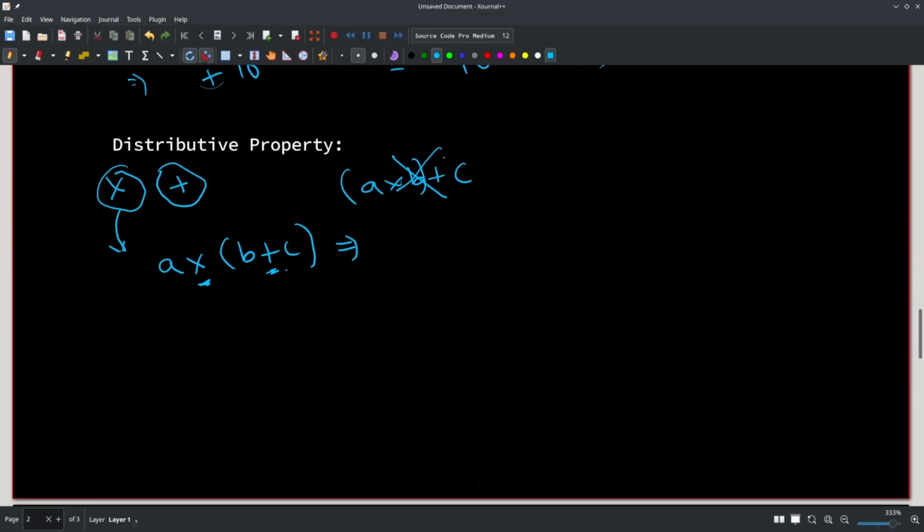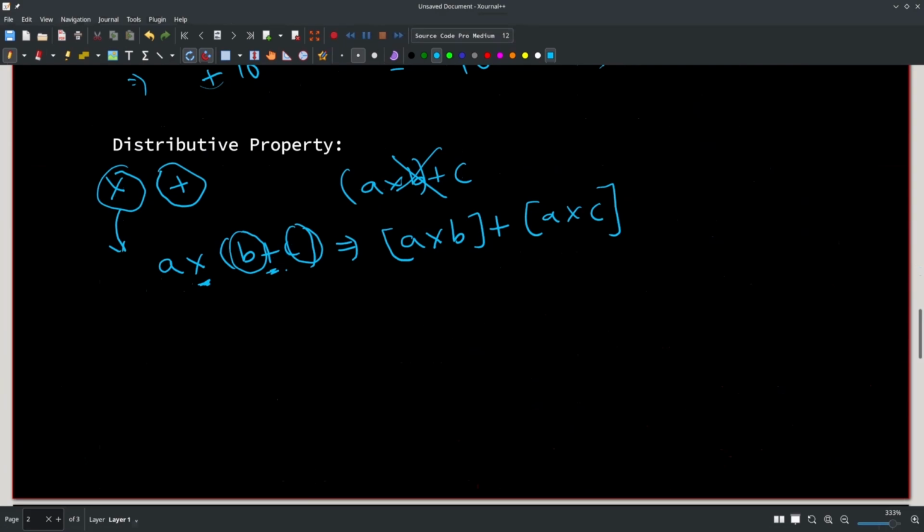So let's check why. The answer is going to be A into B plus A into C. When you have a multiplier outside, you multiply it with both the terms inside and add them.